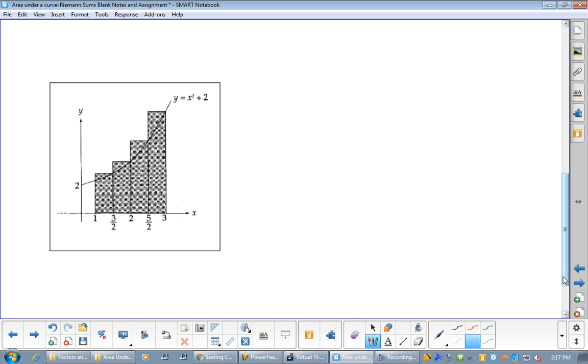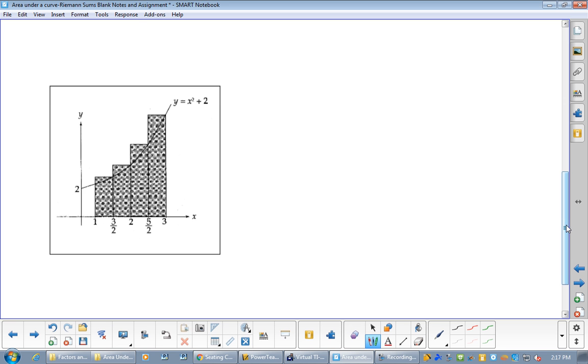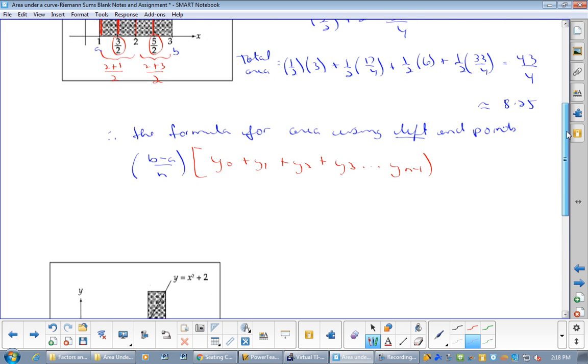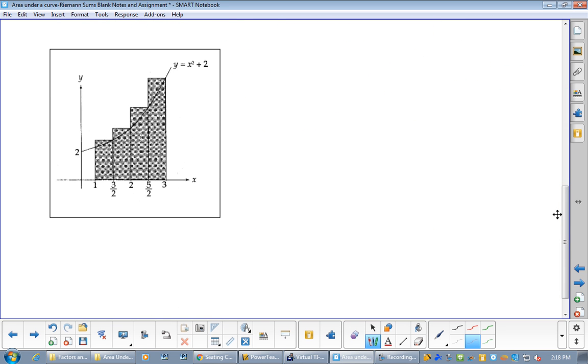Okay? Now, do you see same picture as above, right? But we're going to do this, well, it's not the same picture, sorry, it's the same graph, but do you see that we're going to make all of our y's now the right endpoints, okay? So we got this one, then we have this one, then we have this one, and then we have this one.